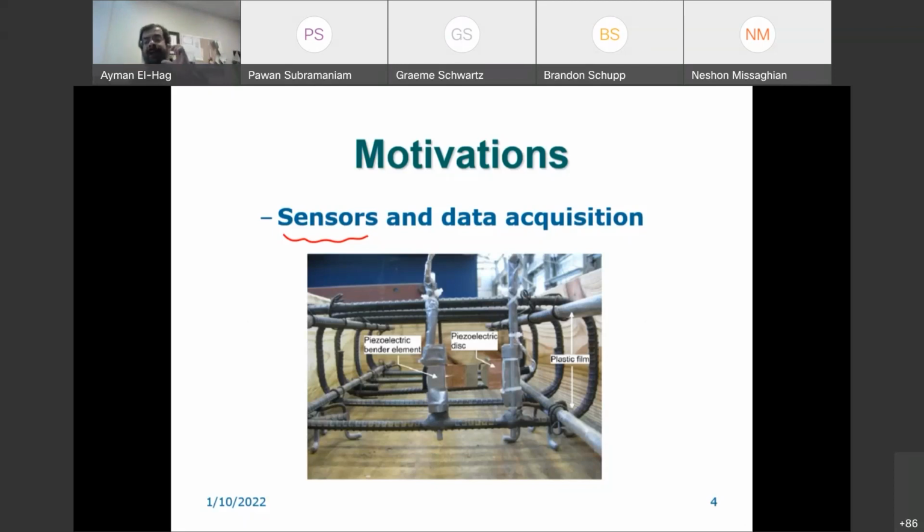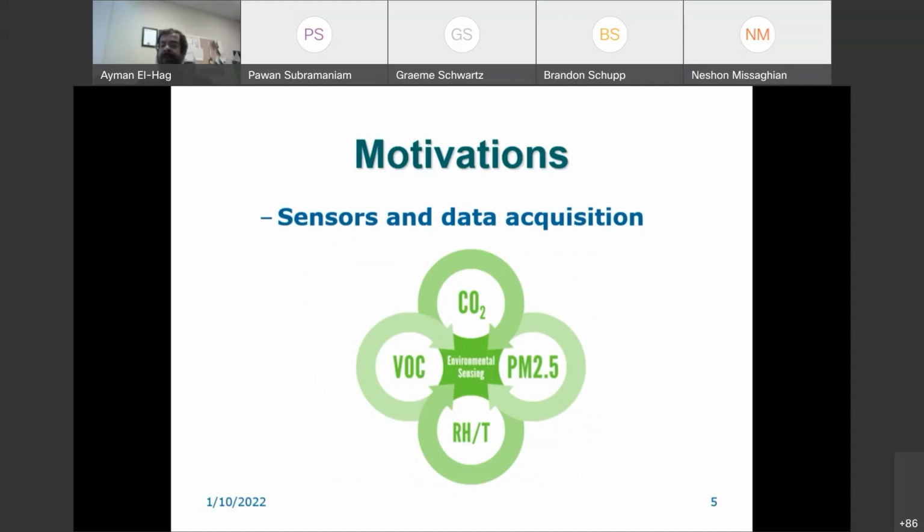No. The circuit concepts covered in this course are mainly to prepare you to understand and build your data acquisition system that you will be using in this course, and hopefully after that in different areas.